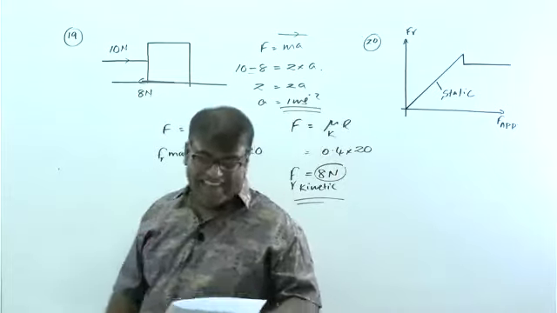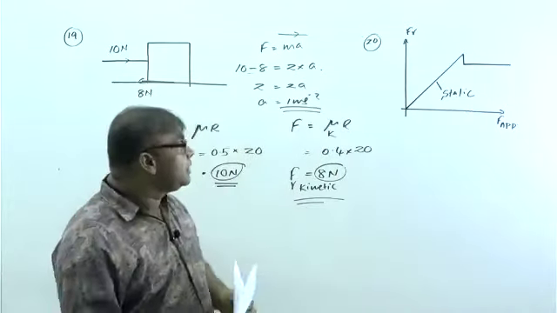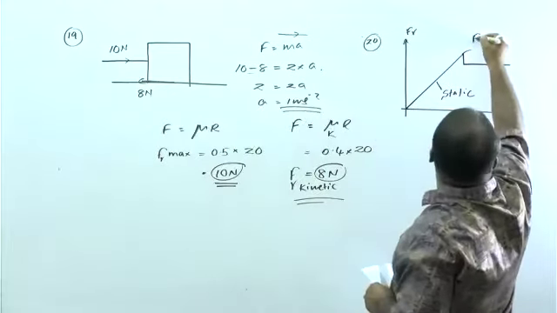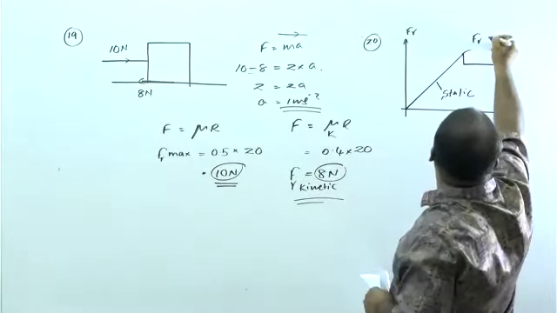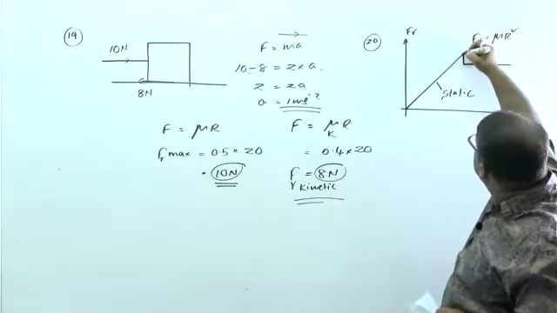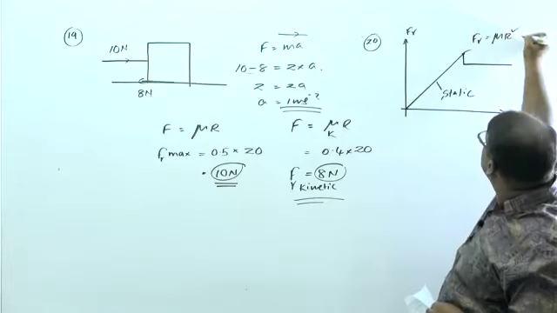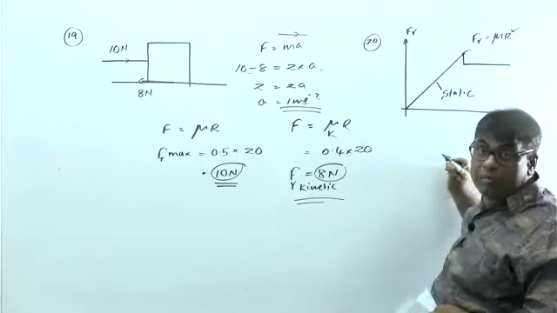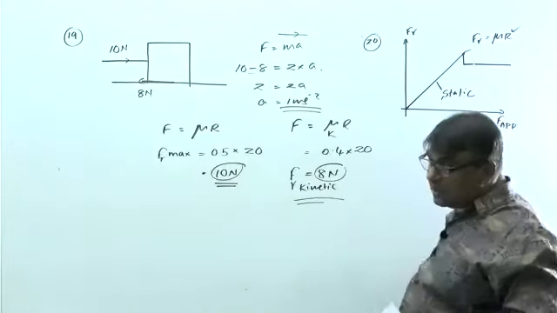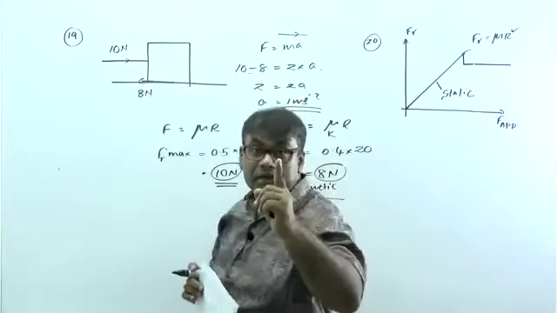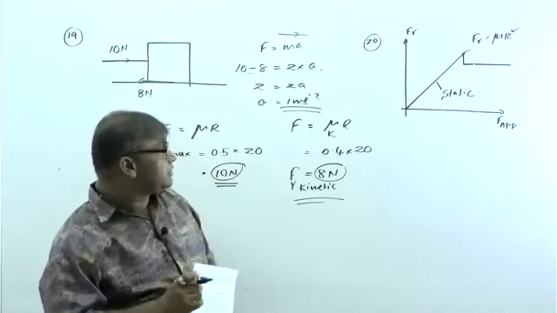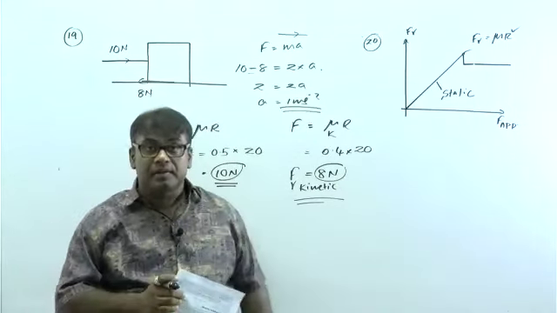That statement is completely wrong. Why? Not always, right? Here, the maximum static friction depends on the normal reaction, agreed, but not always. From here to here, what does the friction depend on? The applied force.